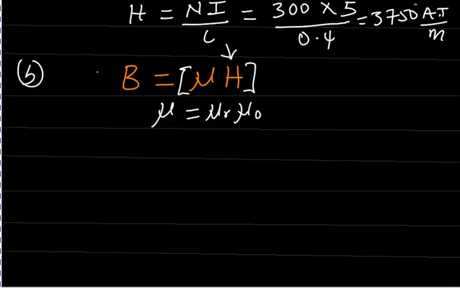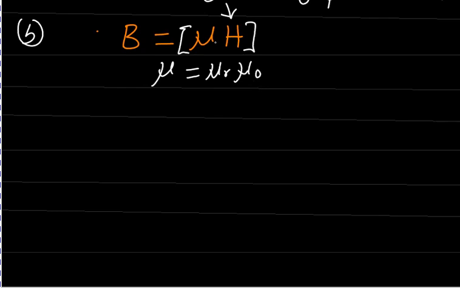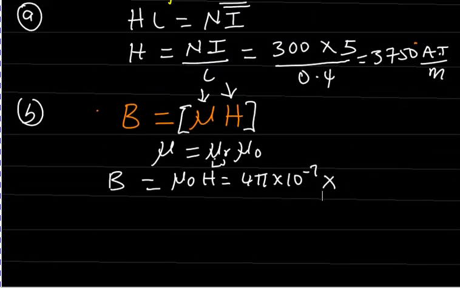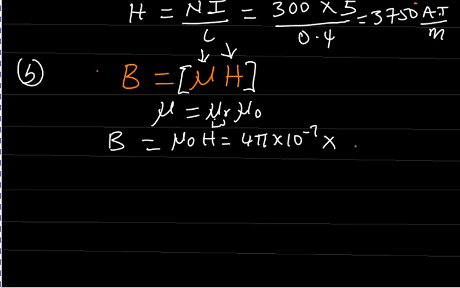So B is going to be equal to 1 times the absolute permeability, then multiplied by H. You know that absolute permeability is a constant, with a value of 4 pi times 10 raised to the power minus 7, then multiply by the H that we've already calculated, which is 3750.